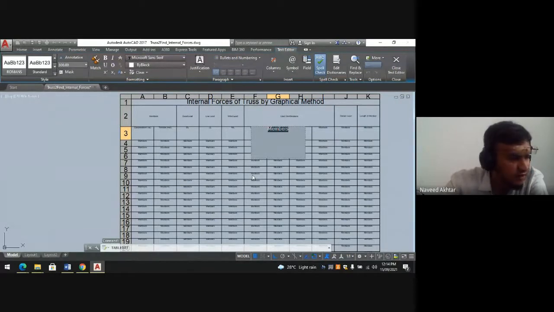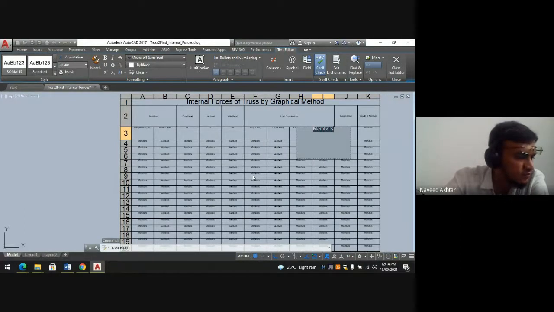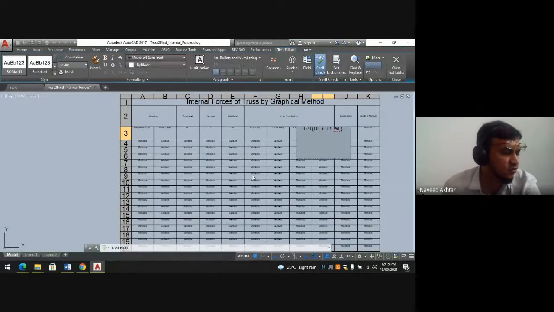Second, 1.5 times of dead load plus wind load. Third, 1.2 times of dead load plus live load plus wind load. And fourth is 0.9 in bracket dead load plus 1.5 times of wind load. These are the different combinations of load.